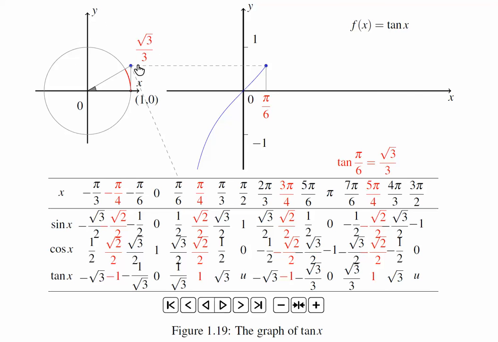That's why I mark here radical 3 over 3, and here I keep the ratio as 1 over radical 3. So here's how we got tangent pi over 6. Now, you may keep going back.